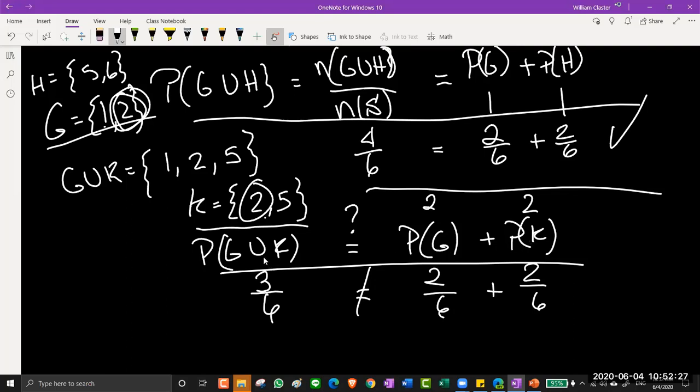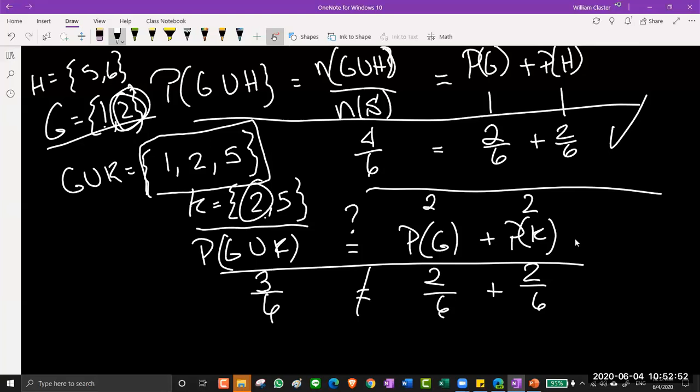But when we do it with G union K, how many times do we count the 2? Only once. If we count the 2 only once here, but twice there, it's not going to be the same. So they're not equal in this case.